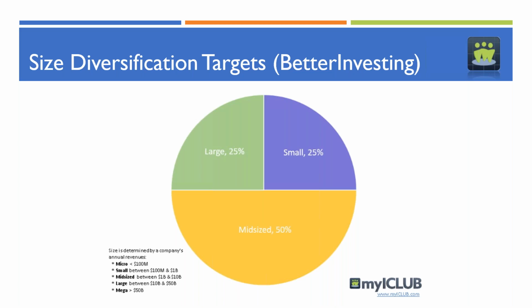We also, in my iClub, have a category called Mega for companies with revenues greater than 50 billion, and Micro for companies less than 100 million.